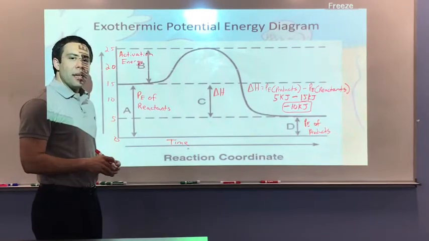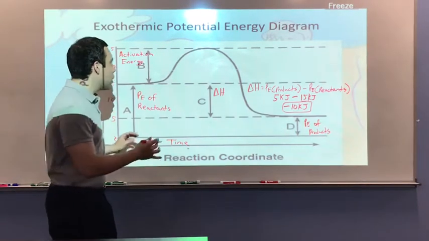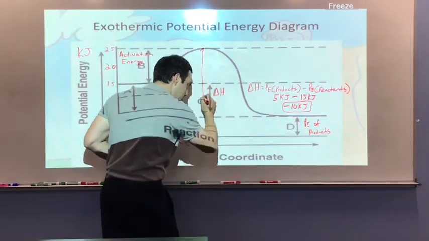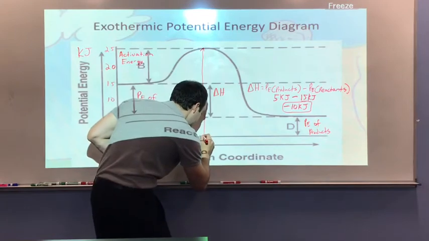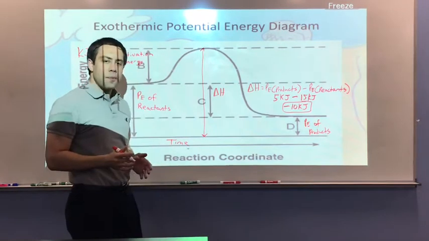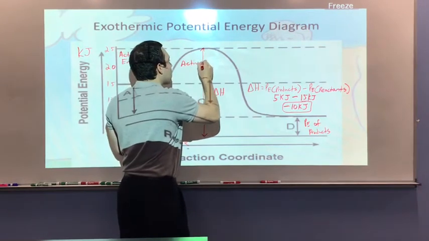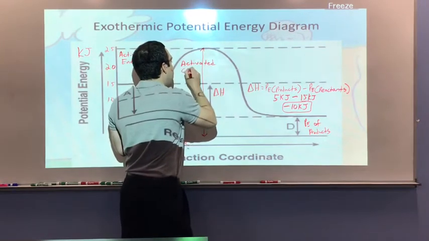And the final letter, which is not drawn on here, so we'll draw it ourselves, goes from the top of the peak all the way down to the x-axis. That is our activated complex.